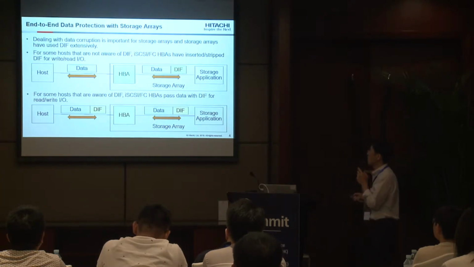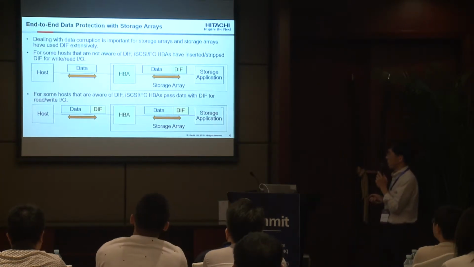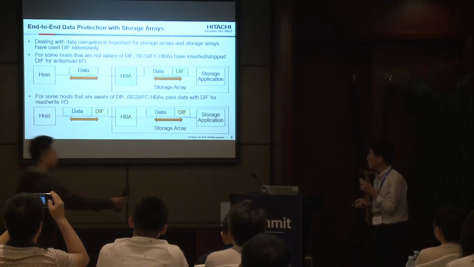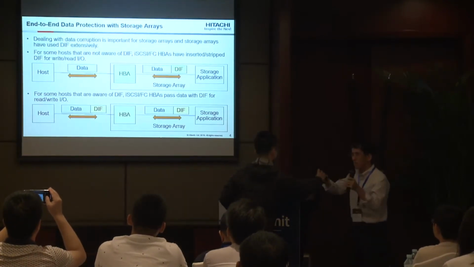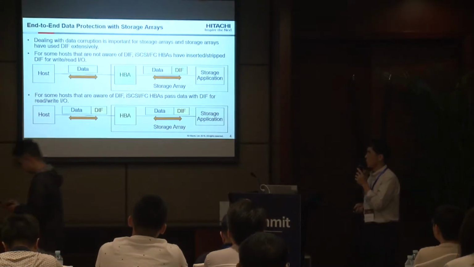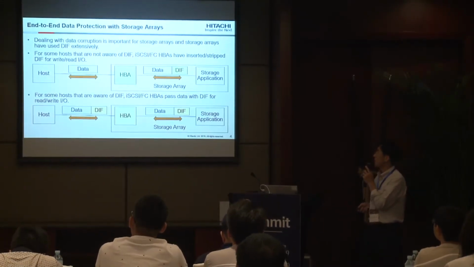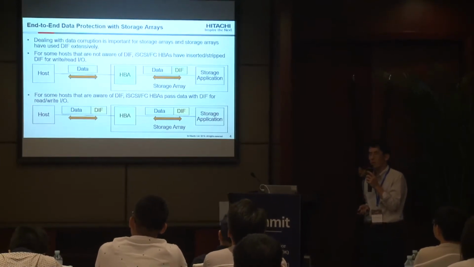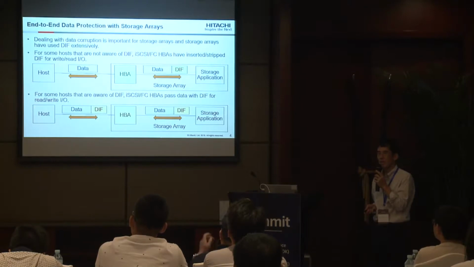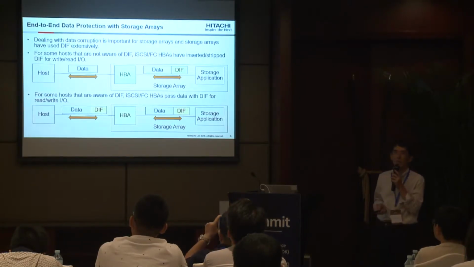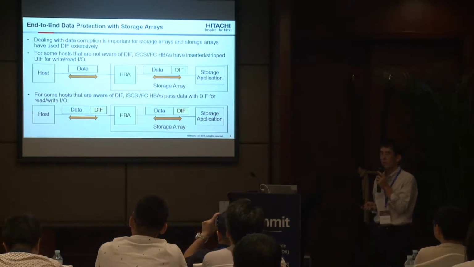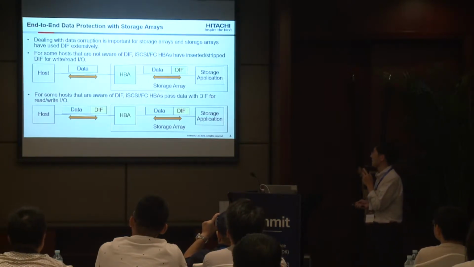This page shows the use cases of DIF. Traditionally, for storage arrays, dealing with data corruption is critically important, and returning no data is better than returning wrong data, so storage arrays have used this extensively.